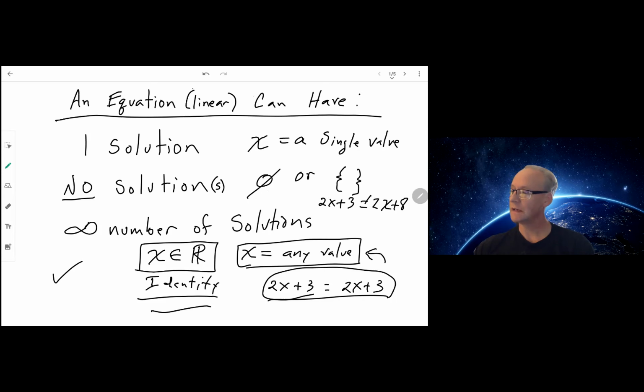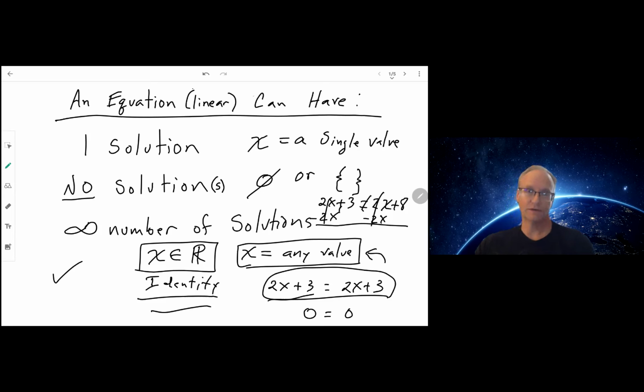And when you go to solve it, you subtract 2x from both sides, and darn, you get 3 equals 8, which is not true. It doesn't matter what value of x you choose, there is no way to make this true.